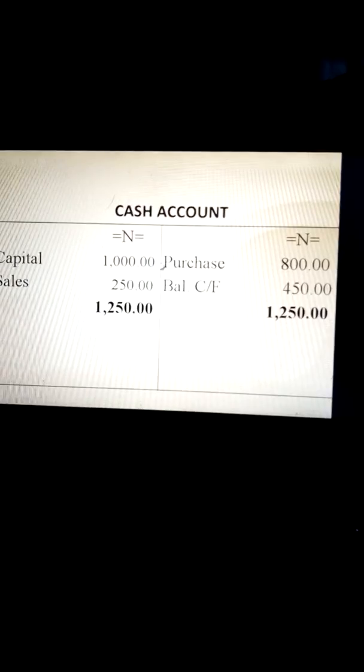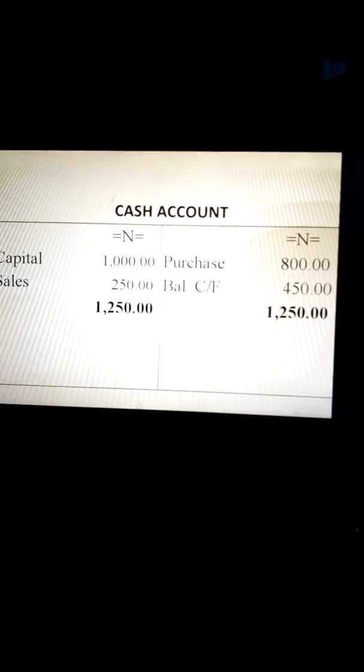Again, it was stated that Zenith Shop bought 4 bottles of milk at 200 naira per bottle. So what are the two accounts that are involved? Simple. He bought via cash, and so we are going to be looking at cash and purchase, because he purchased.